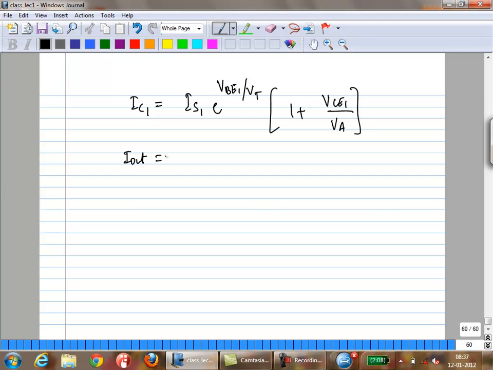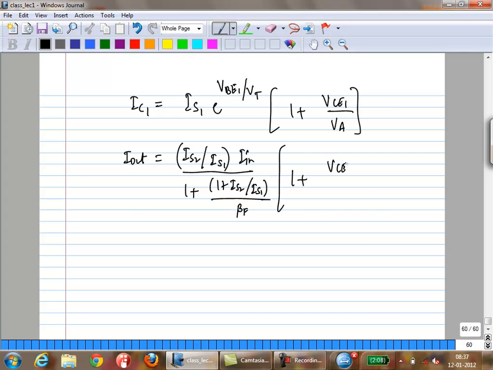You can again go through the math and you can show that you'll have the same term, but you'll have an extra term, which is the old expression times 1 plus VCE2 minus VCE1 over VA.